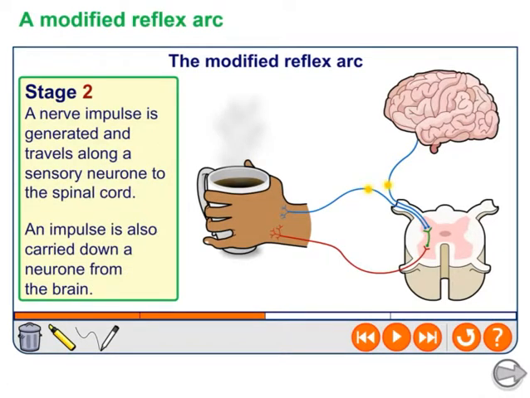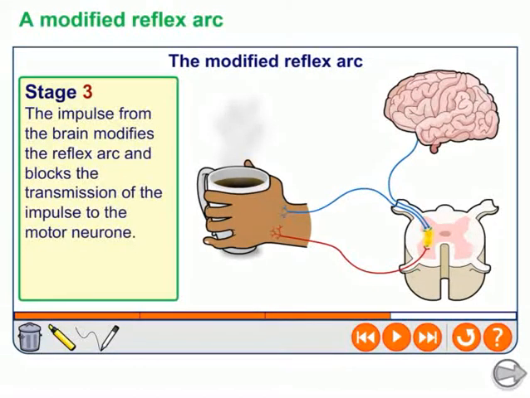Now you're aware, probably you've seen the cup and you've felt it, and your brain sends a signal down to the spinal cord at the same time as the sensory neuron is carrying the message from the pain receptors in your hand. And the impulse from the brain then modifies the original reflex arc and actually blocks the transmission of the impulse to the motor neuron that would have caused you to drop the cup.